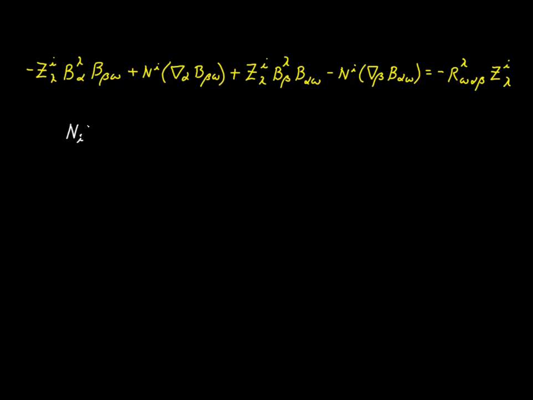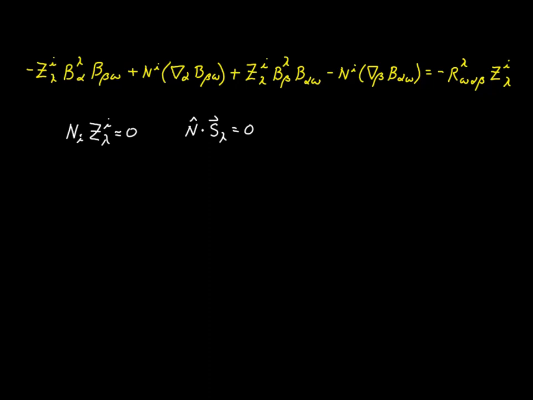Now as we do that, recognize the fact that N i contracted with our shift tensor Z i lambda is just going to yield a value of 0. And that comes from what we learned back in video 63, that this is really just another way of expressing this fact, that the dot product between N hat and our basis vector S lambda is equal to 0. These are orthogonal to each other, and these are equivalent ways of expressing that relationship.